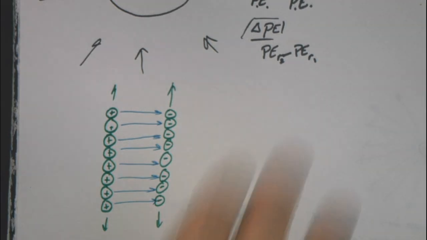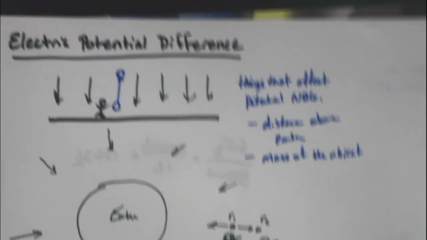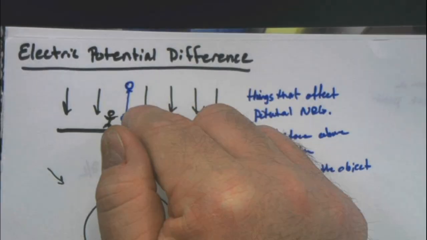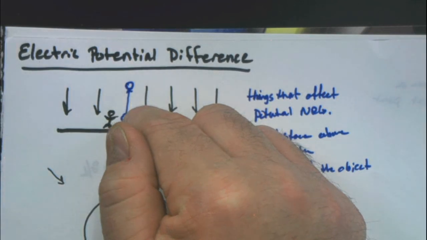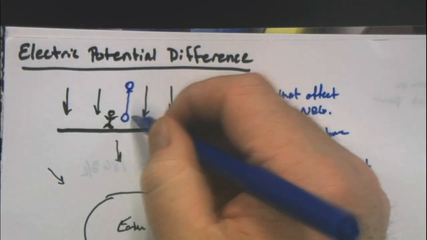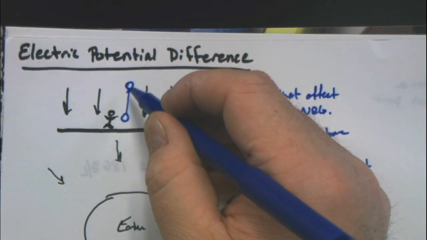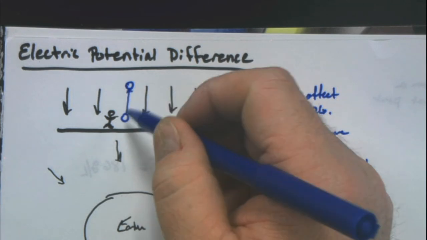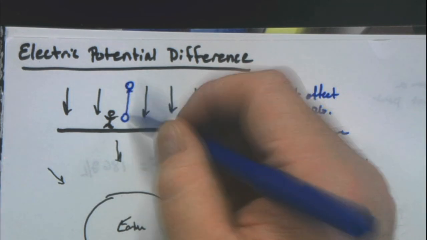well, hold on to this for a sec. Sorry, let's come back up here. What does it require for us to move this ball from here to here? Yeah, it requires a force for us to move this ball, right? We have to lift against the pull of gravity to get it up this distance.